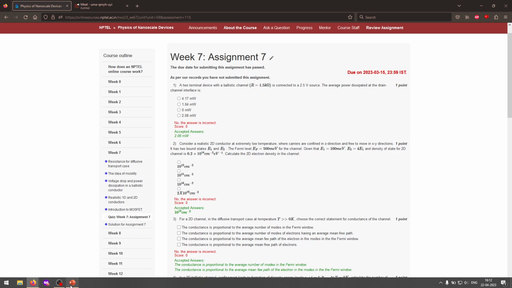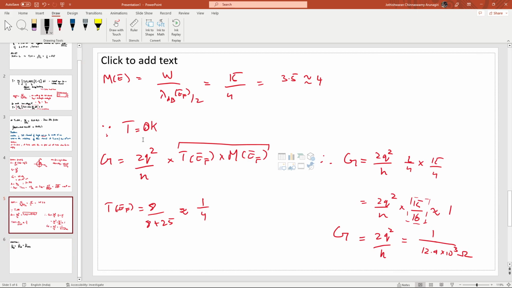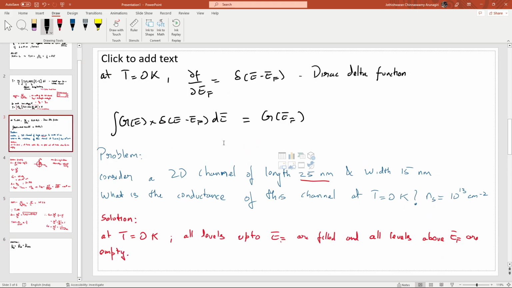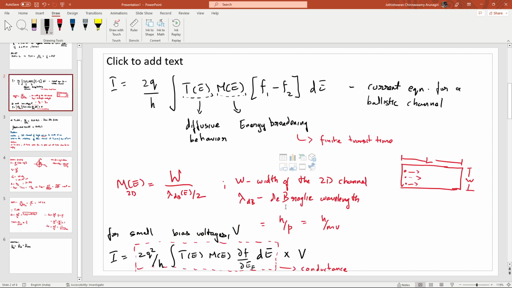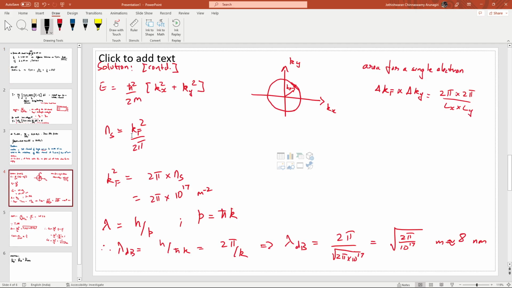I know I just discussed one problem, but in that one problem itself, I've gone through how to calculate the modes, how to calculate the transmission coefficient, how to consider the approximation of the Fermi window function, the special relation for the modes of a 2D channel, and the relationship between the surface charge density and the radius of the Fermi sphere.